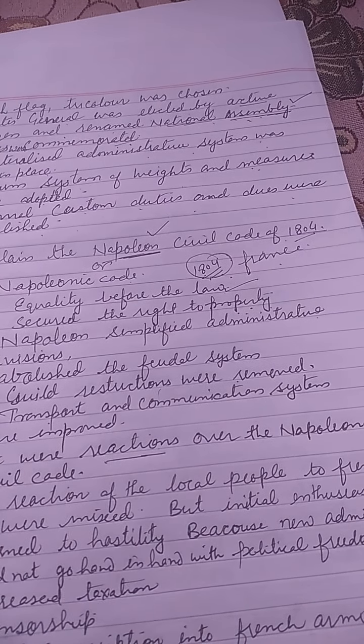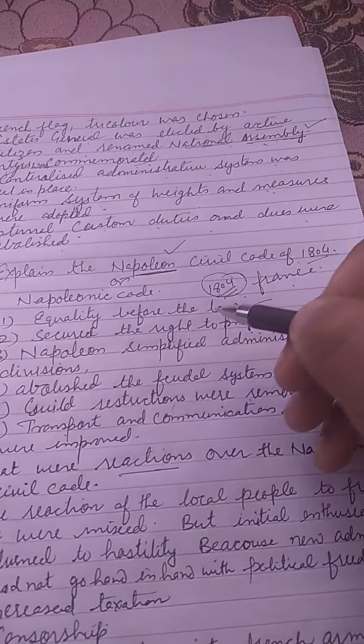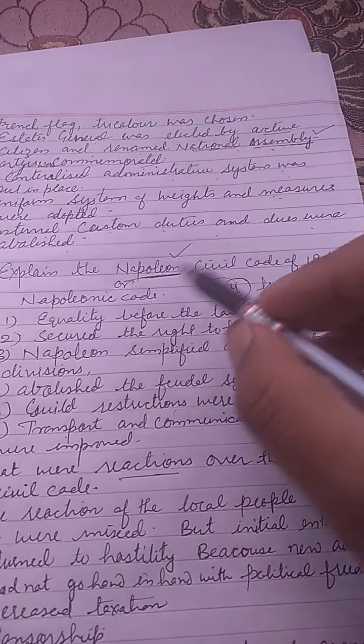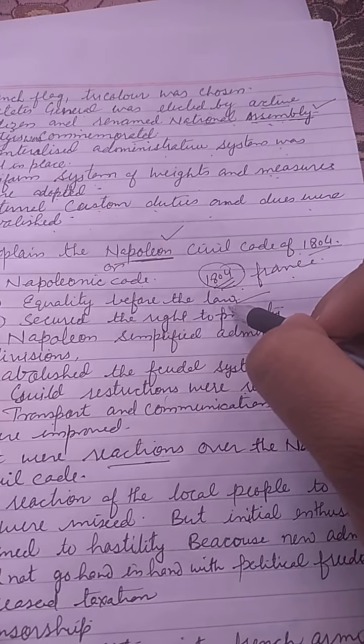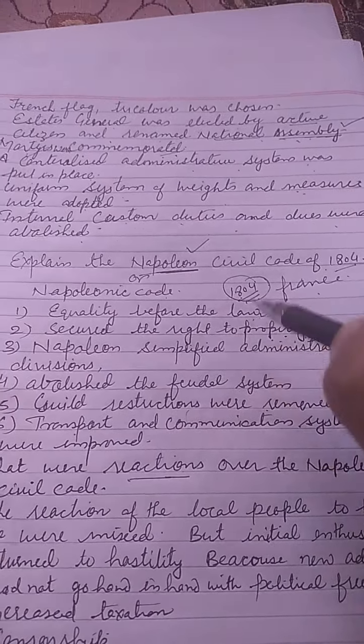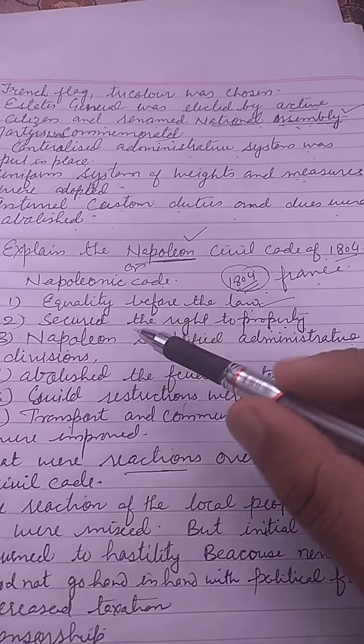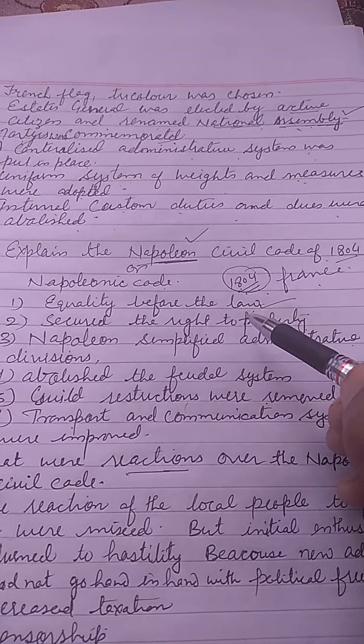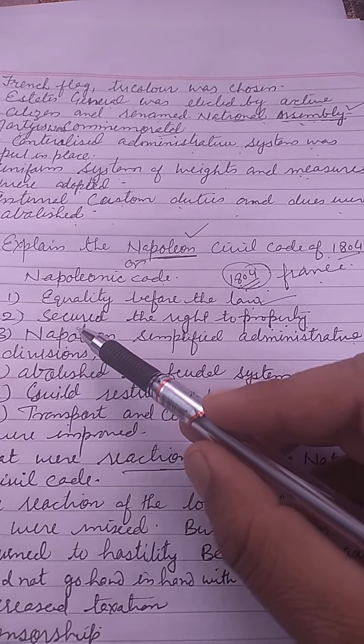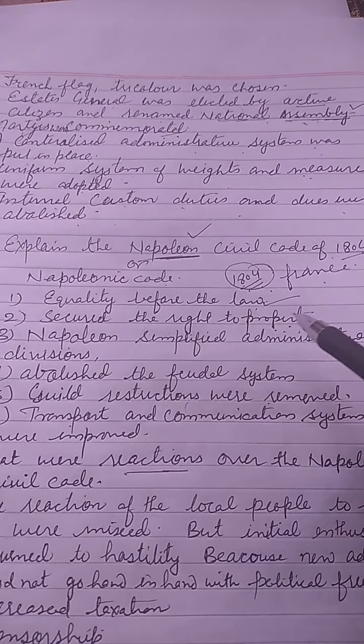The first Napoleonic civil code principle is equality before law. We are all equal in front of the law. Then, securing the right to property.